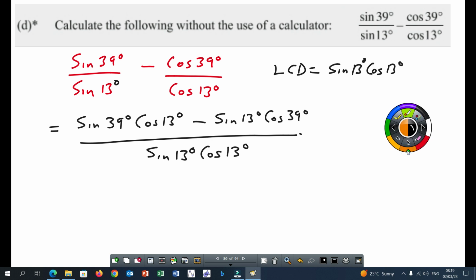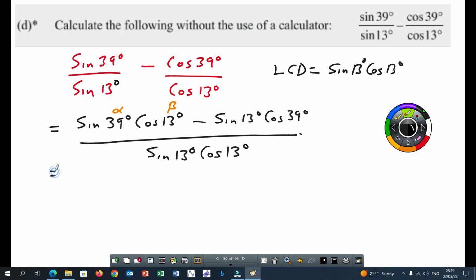So your alpha is 39, and beta is 13. That's how easy it was. Sometimes you can complicate the question when it's so easy. Just apply the basics. That's all.